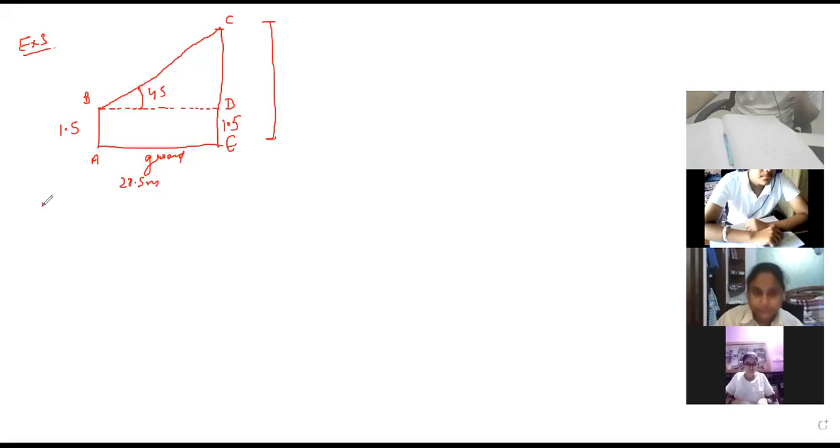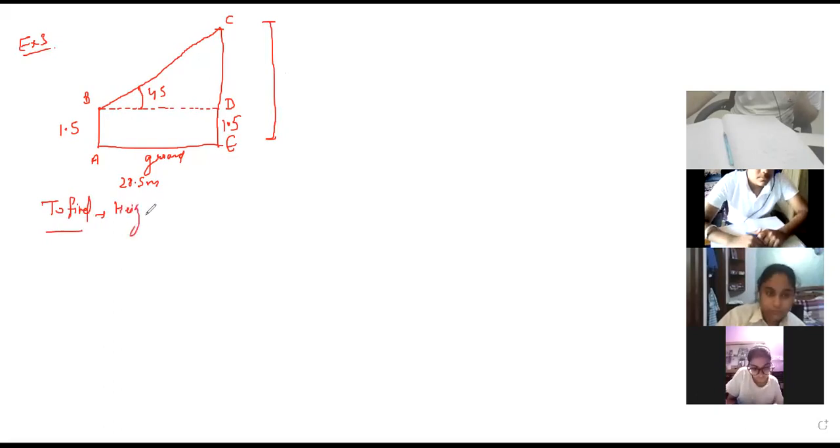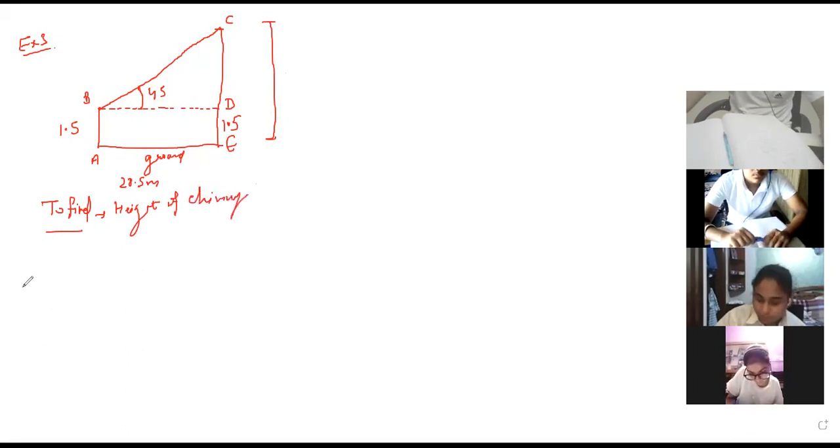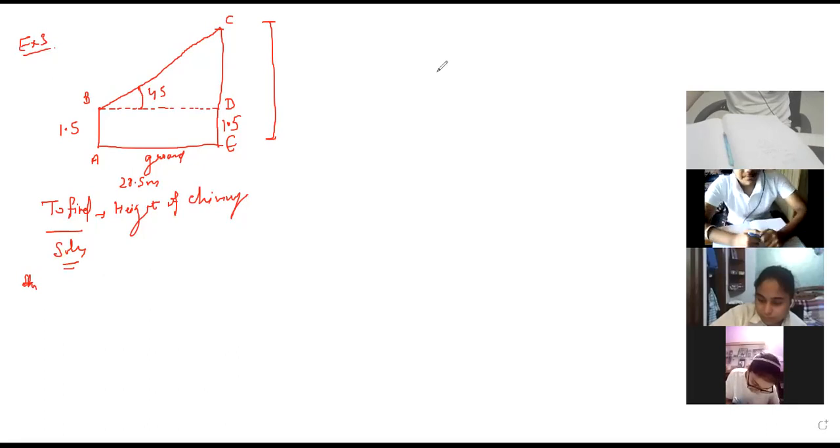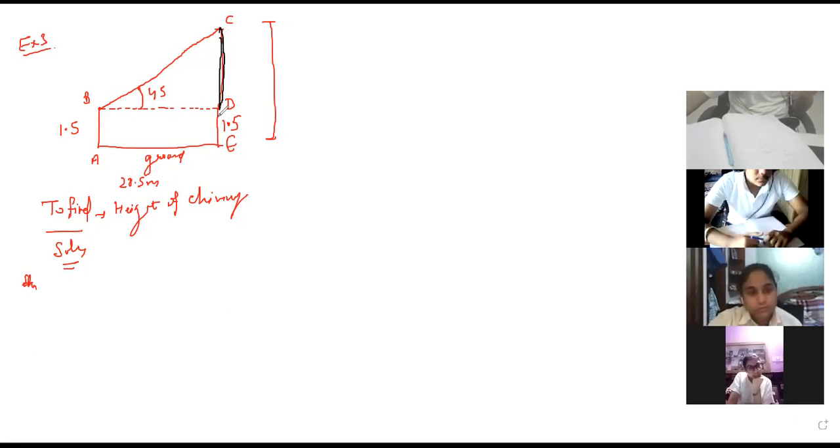So to calculate the height of the chimney, now pay attention. I am going to change the color. I want to find out this length CD, this one, because this is already known to me, 1.5.